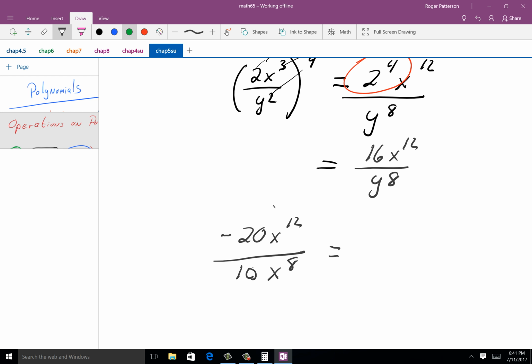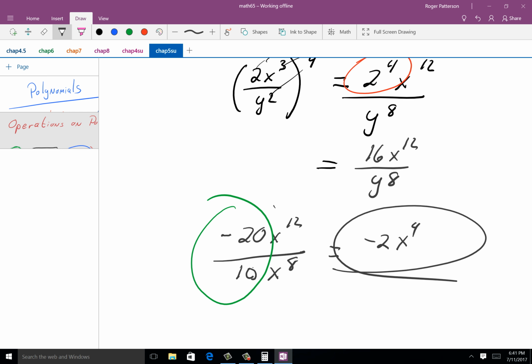Okay, so again, like this one, reduce the numbers first. That's going to be -2, and then power on the x. So we have 12 up top, 8 on the bottom. So that's going to leave us with how many? 4. Where at, top or bottom? Top, yep.